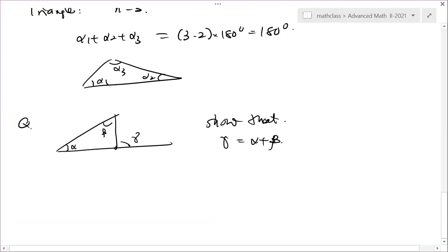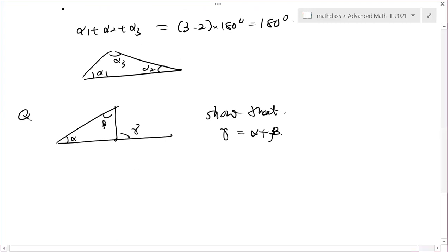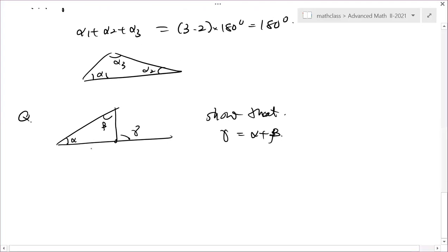So we are going to prove that this exterior angle is the sum of the two interior angles on the opposite side. Right? So let's do it. How can I prove it? Well, it's very simple. Write down the word proof. Then you figure out the interior angle. So this interior angle is going to be 180 degrees minus gamma.